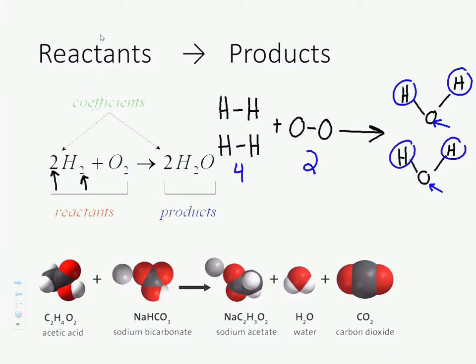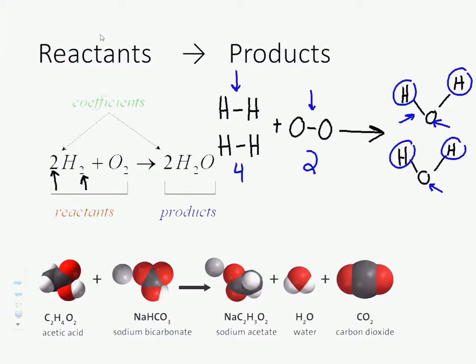So we have the same number of atoms on both sides of the arrow, but what's important is the connectivity, the bonds between them. They changed. No longer do you have an oxygen binding to an oxygen and a hydrogen binding to a hydrogen. You have a hydrogen to an oxygen to a hydrogen. So that's what makes it a chemical change, is the fact that you've got molecules that are coming together, rearranging, and forming new compounds.